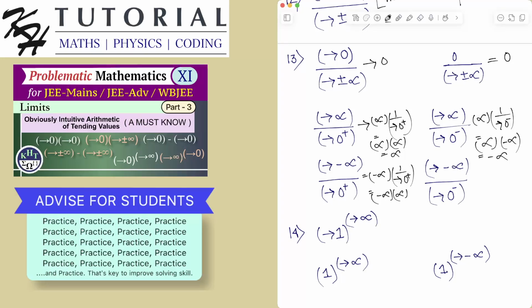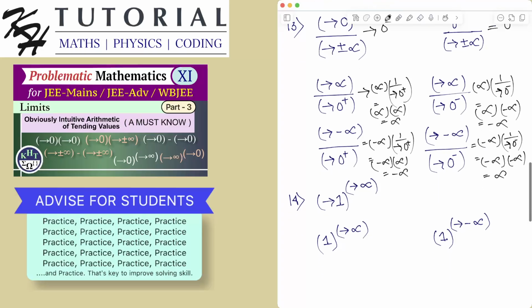So minus infinity multiplied by infinity is minus infinity. Whereas negative infinity divided by tending to 0 negative will be equal to minus infinity multiplied by 1 by tending to 0 negative, and 1 by tending to 0 negative is always negative infinity. So negative infinity multiplied by negative infinity is equal to infinity. So minus infinity divided by tending to 0 negative is always equal to infinity. Okay.